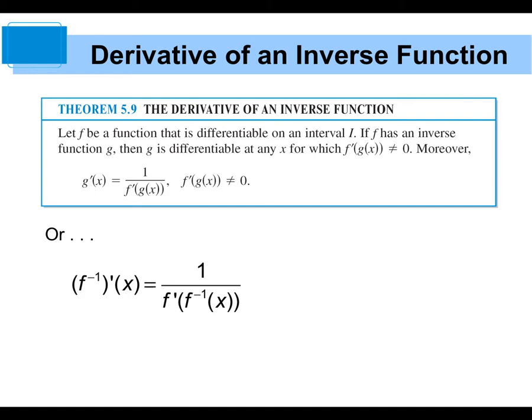Just to make sure you understand the notation, what I'm saying here is I want the derivative of the inverse function. And in order to find it, I'm going to take 1 over the inverse function plugged into the function and then taking the derivative. That's why I'm not a big fan of this method. I'll show you a different method in a second.